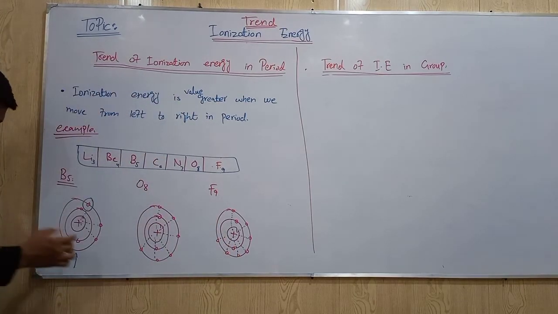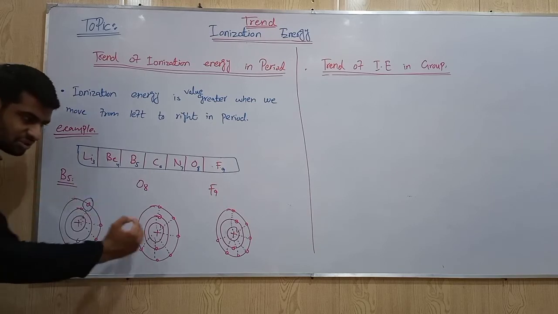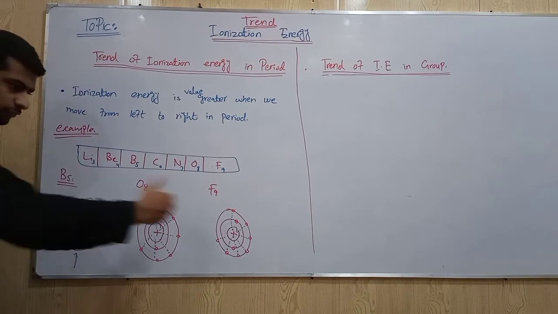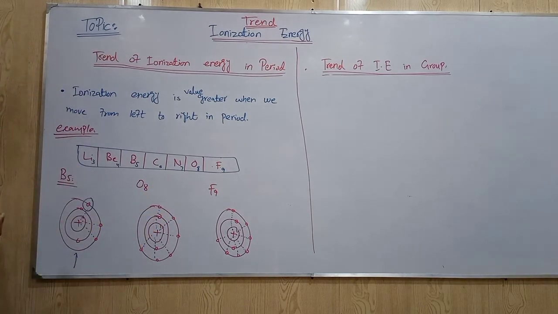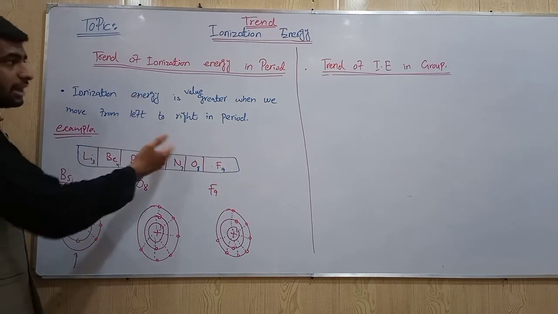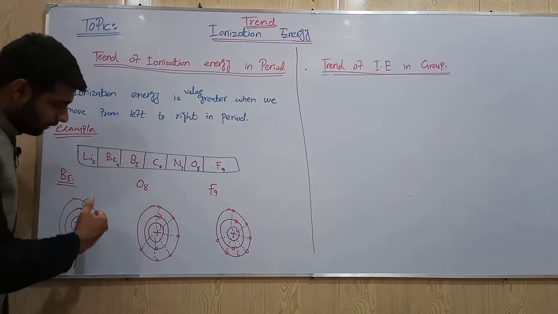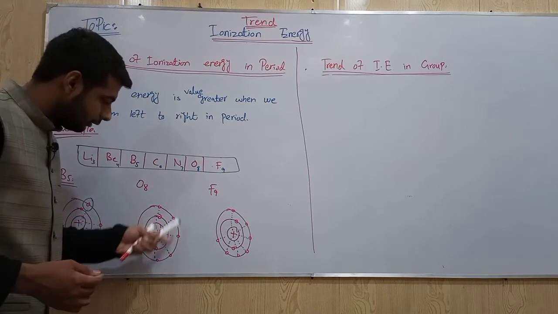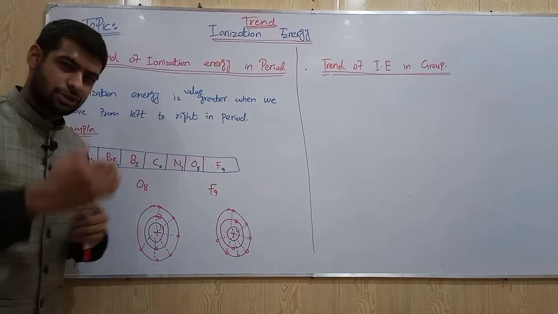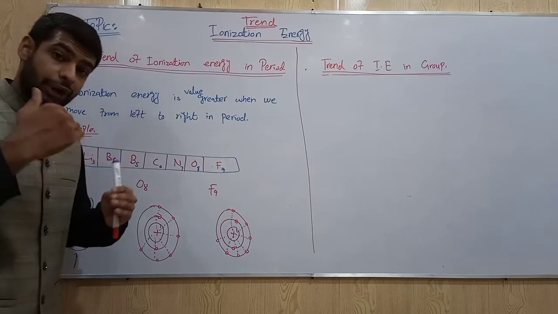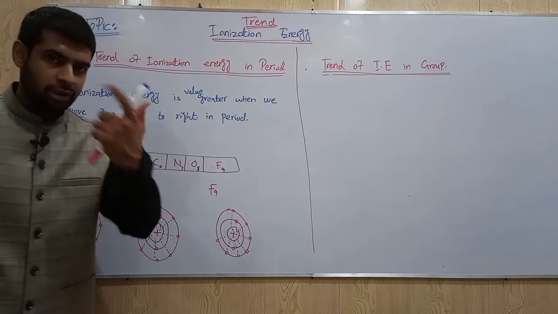Okay, this electrostatic force of the nucleus on electrons is weaker in boron than in these. Similarly, when we move from left to right, the electrostatic force of attraction is stronger. That's why the ionization energy value is greater when we move from left to right. First reason is the electrostatic force of attraction between nucleus and outermost or valence shell is greater when we move from left to right in periods.